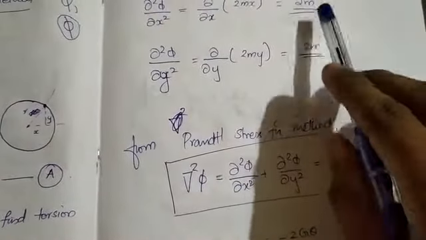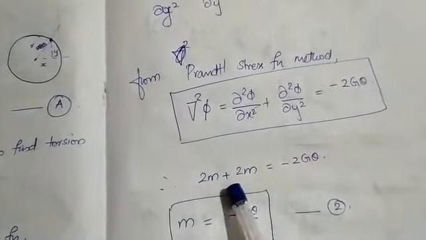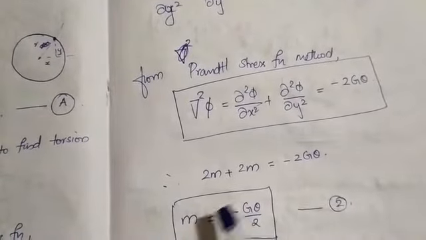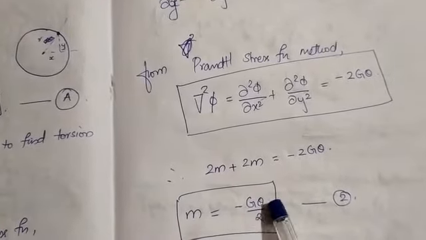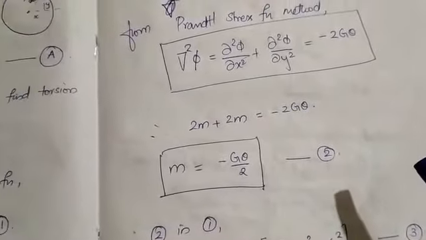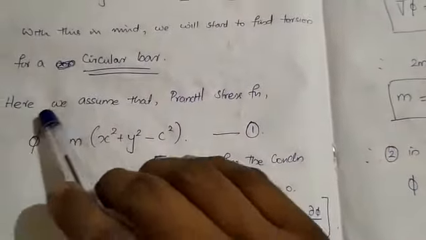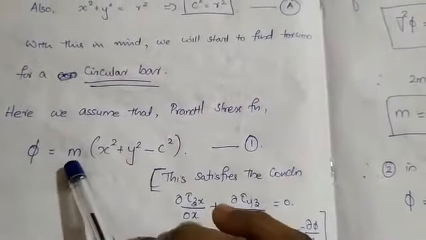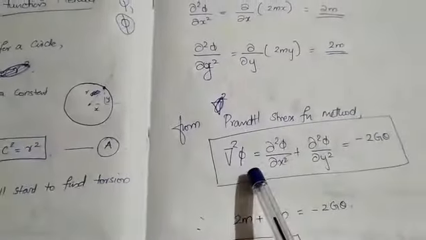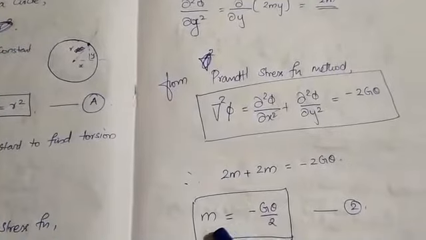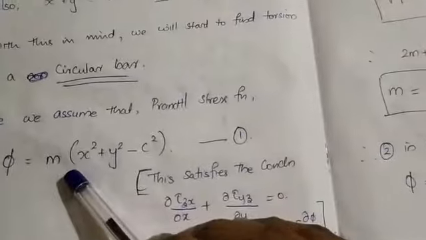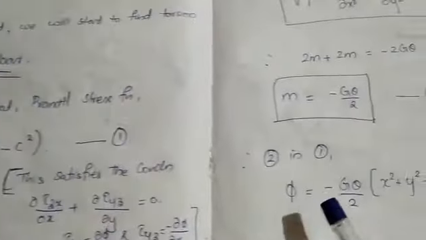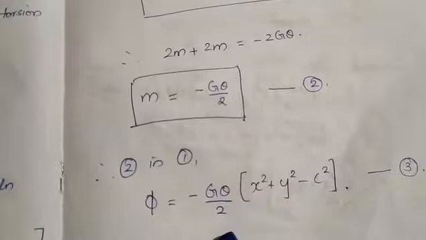So here 2m plus 2m, that is 4m, is equal to minus 2 G theta. From there, m is equal to minus G theta by 2. So first we had a value for phi, and from there we attained the constant m. Putting this value in, phi is equal to minus G theta by 2 into x square plus y square minus c square.